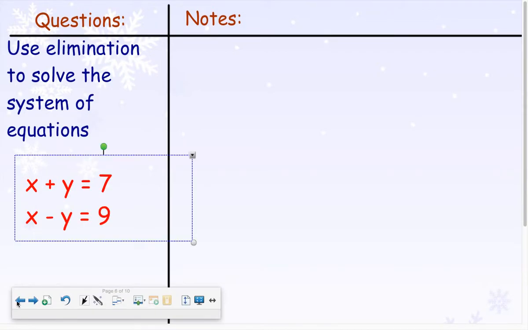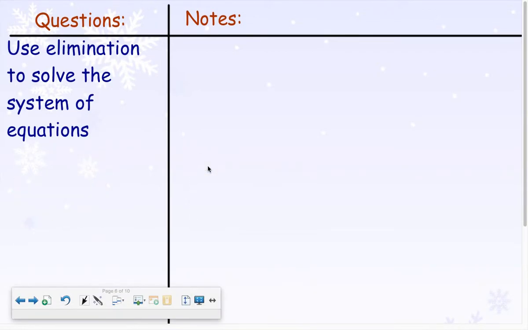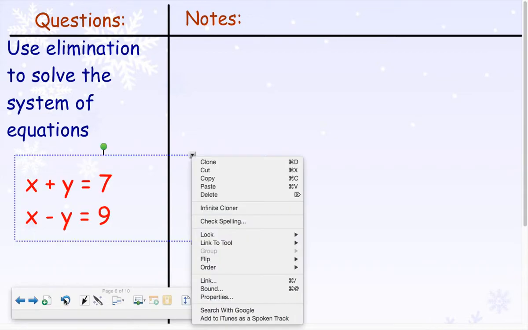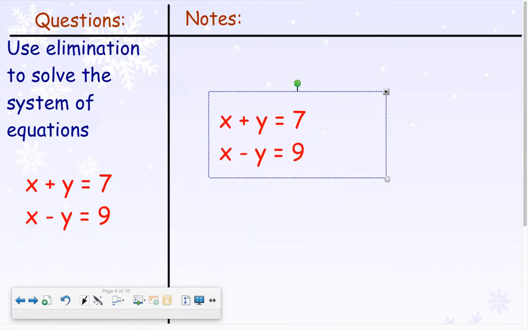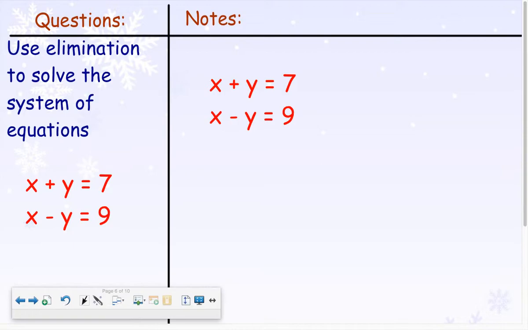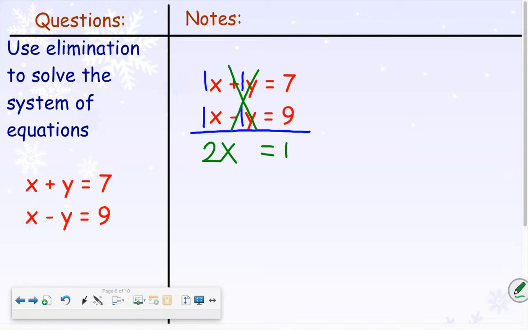All right, third one. I'm going to look for my opposites. If it helps you, you can put 1s in here. Might help you to see the opposites a little bit better. So 1 and negative 1, the y's, make 0. 1x and 1x make 2x. 7 and 9 make 16.